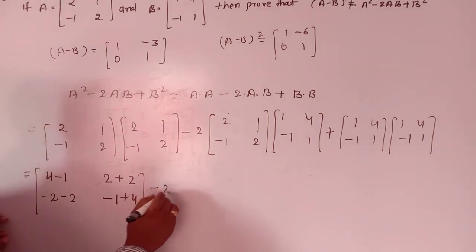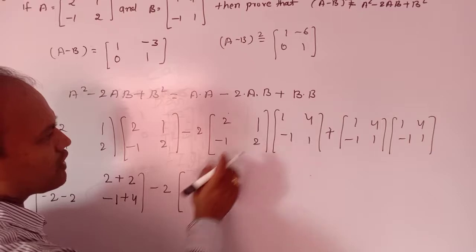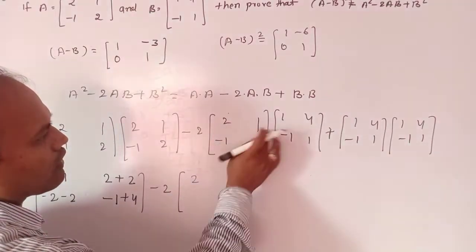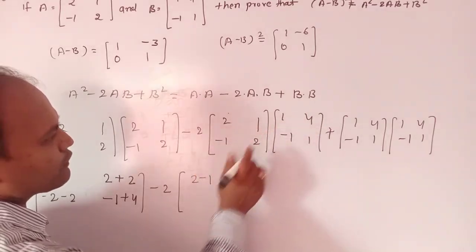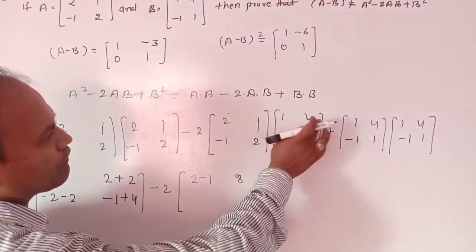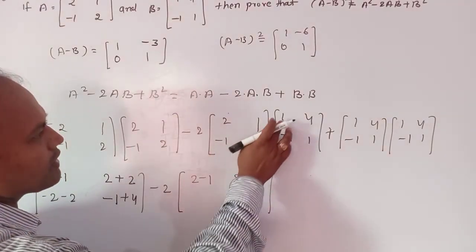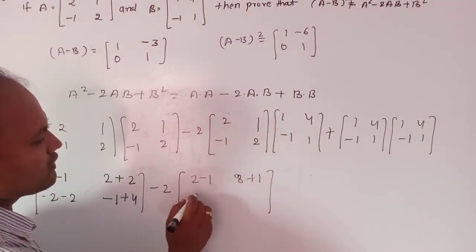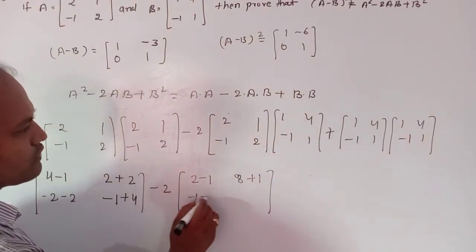This is the value. Now 2 is here, and this multiplied by this: 2 into 1, so it is 2. 1 multiplied by minus 1, so it is minus 1. 2 multiplied by 4, so it is 8. And 1 multiplied by 1, so it is 1. Minus 1 multiplied by 1, so it is minus 1. And 2 multiplied by minus 1, so it is minus 2.